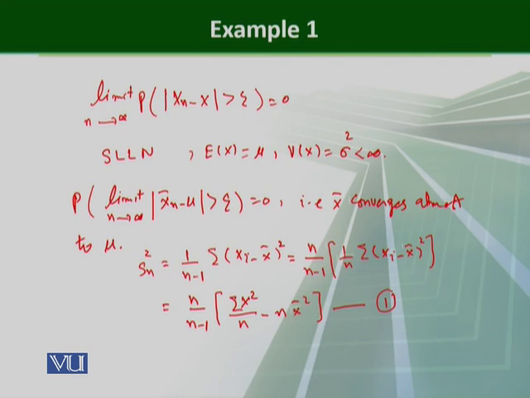So note that 1 over n sum x square is an unbiased estimator of mu2, which is the second moment of x.